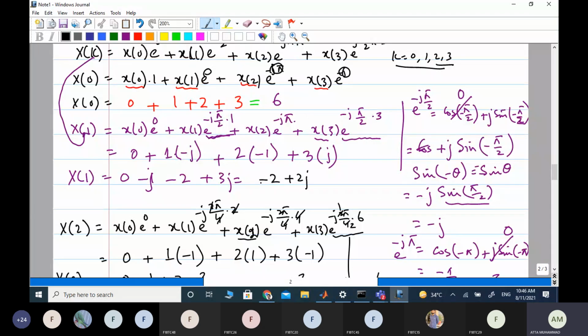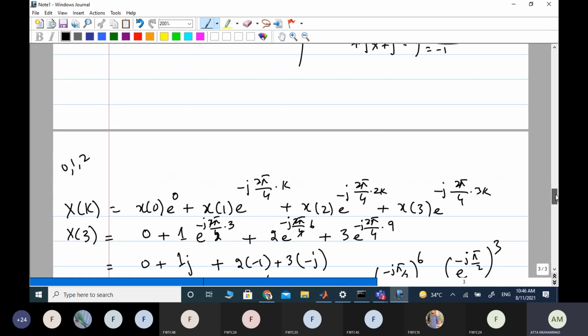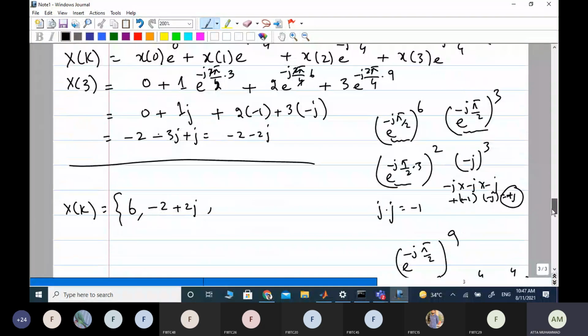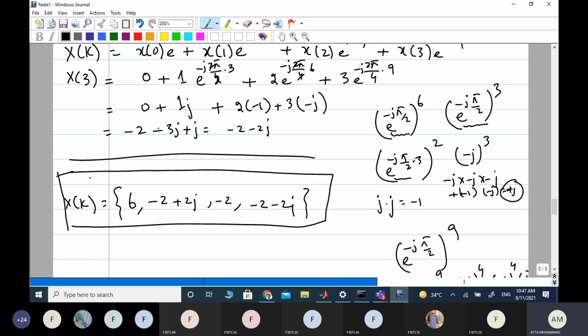X(1) was minus 2 plus 2j, and X(2) was minus 2, I think. Yes, X(2) was minus 2, and X(3) is minus 2 minus 2j, right? So this is our DFT for sequence x(n).